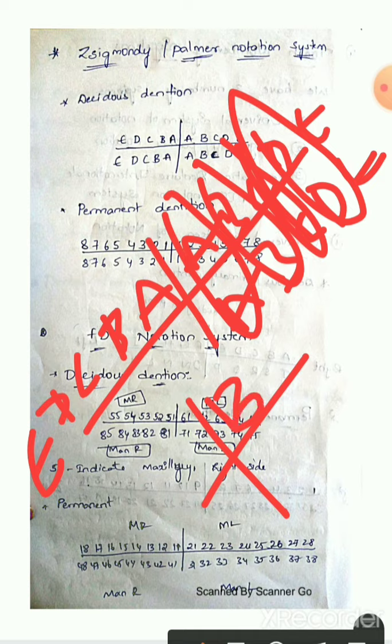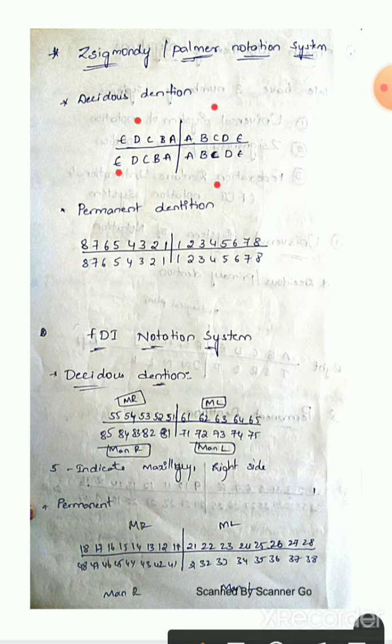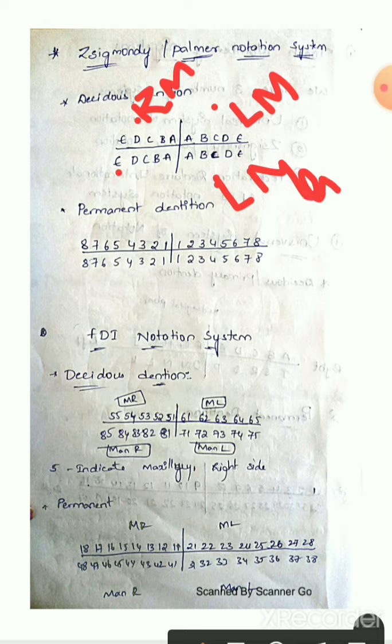So it is very easy to remember but difficult to communicate between dentists. So here each quadrant represents the side, which means right maxillary, left maxillary, left mandibular, right mandibular.